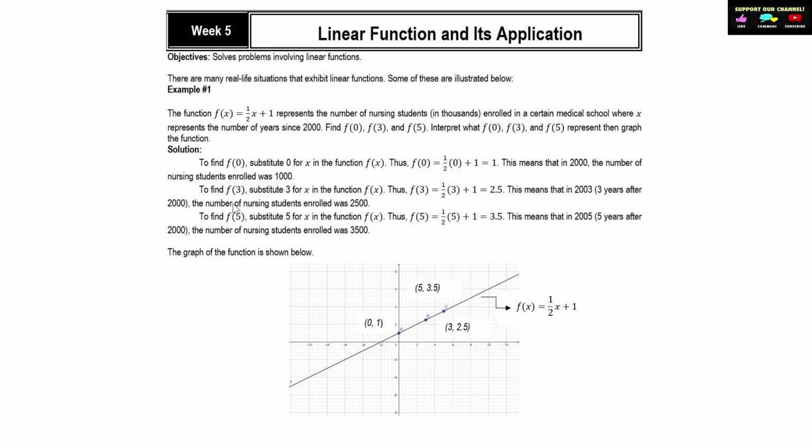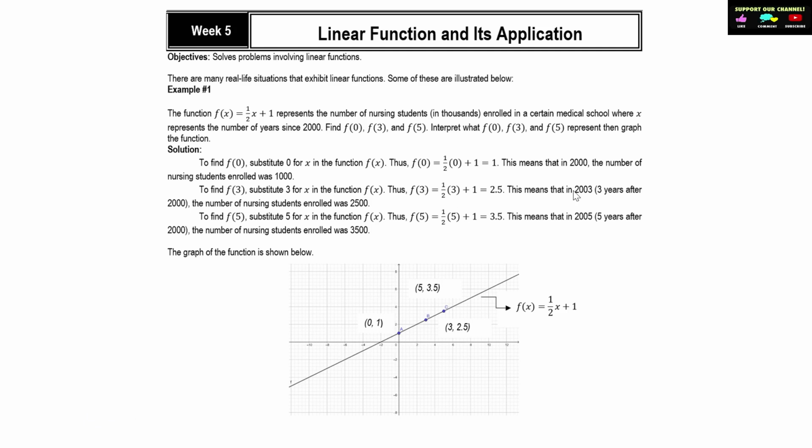Okay, to find f of 3, substitute 3 for x in the function f of x. Thus f of 3 was 1 half times 3 plus 1, so that is equal to 2.5. 1 half times 3, that is 1.5 plus 1, so that is 2.5.